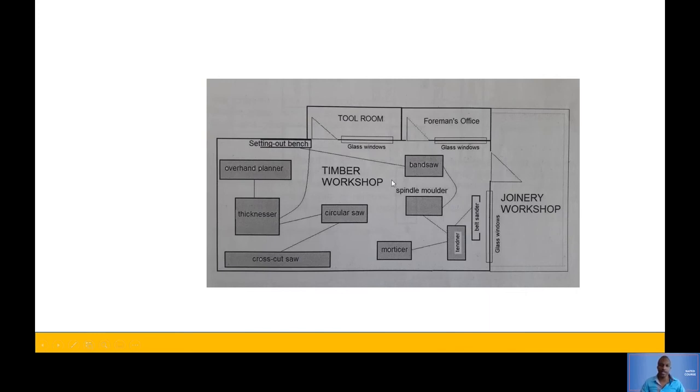So this is a typical workshop, but added things to the workshop are that you need a tool room where you store your tools, and you need a foreman's office with a glass window so that he can see what's going on in the shop, and the foreman's office must be on the top floor so that it will be easy to monitor what's going on.